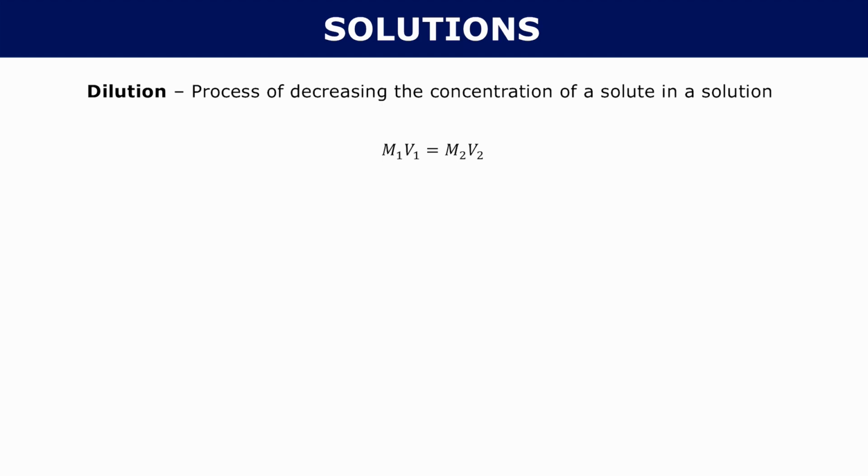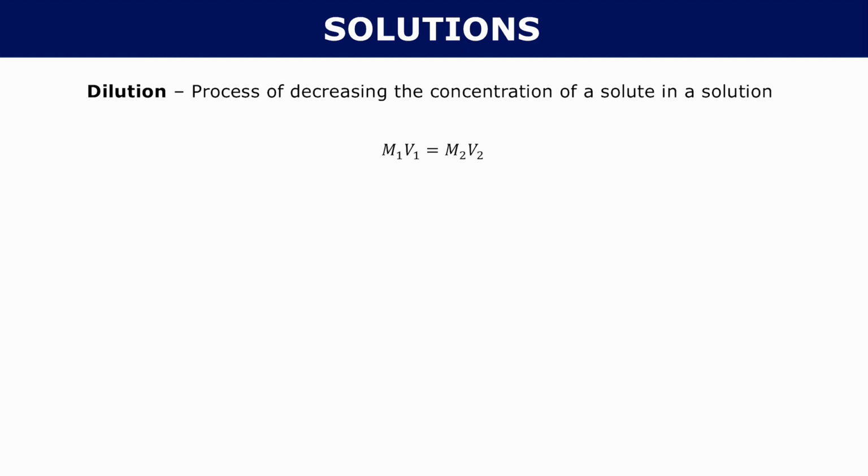When you need to order chemicals, you want to order them in high concentrations. The reason is that you can always decrease the concentration of a solute, but you can never increase it. So if you have a really concentrated solute, you can create many different solutions with different concentrations using that same solute.